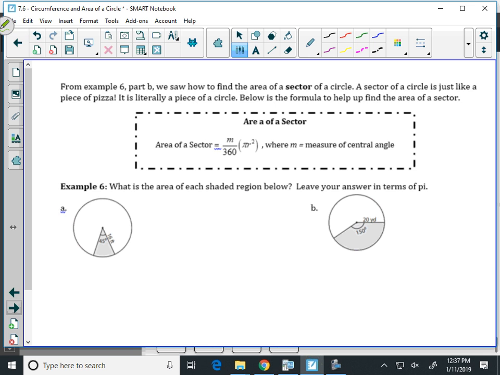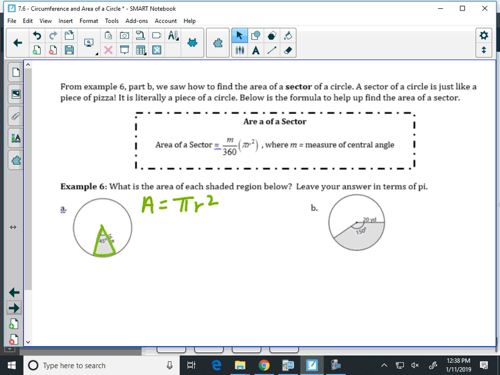So we want to find the area of each shaded region, and we're going to leave our answers in terms of pi. Again, this looks like a piece of pizza, so it's the same exact concept. We're trying to find the area of part of the circle, so we need to find the area of the entire circle. I'll write down the area formula.